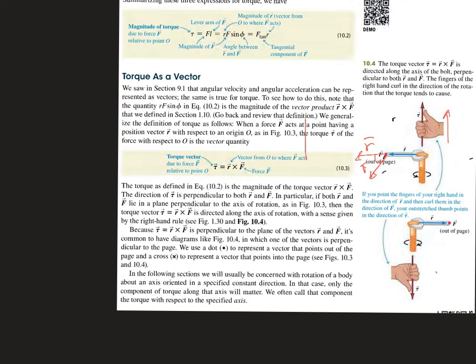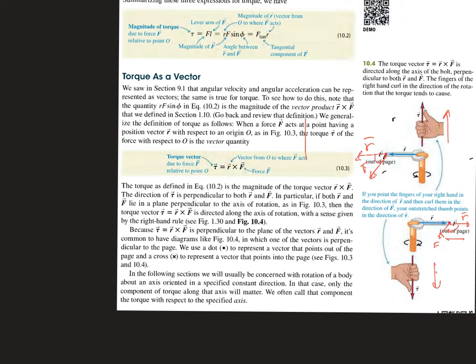In this situation, the torque is going down. Why is the torque going down? Because R is like this, and the force is, let's say, out of the page. So out of the page is something like this. R is this one, and if you rotate R through F, it will generate a rotation that is clockwise.